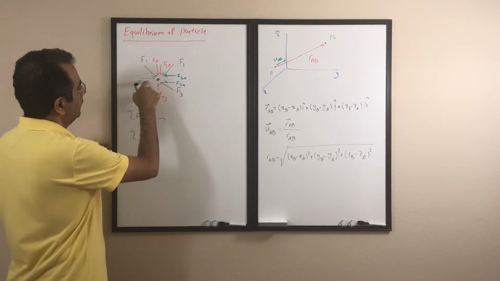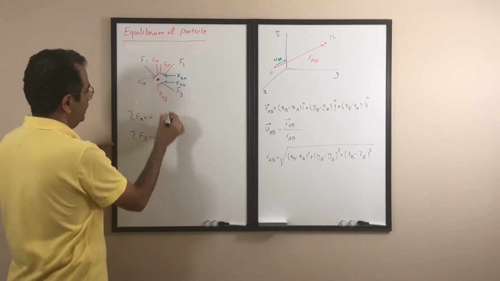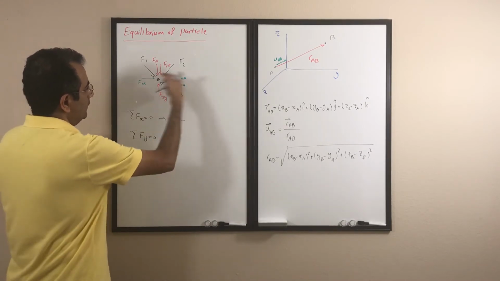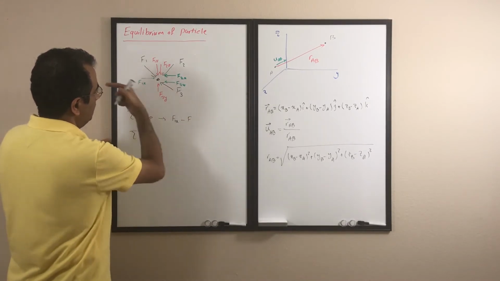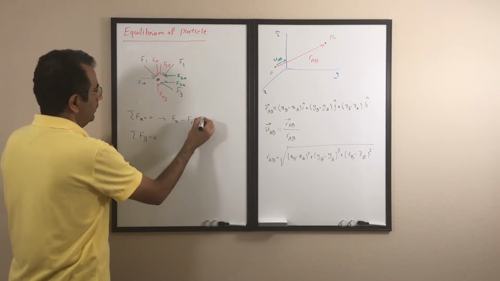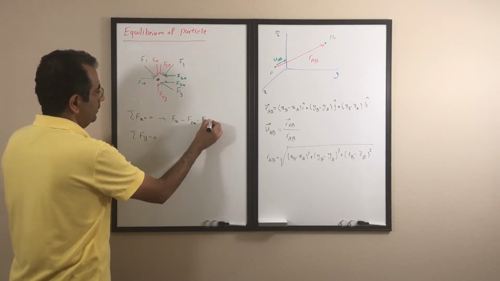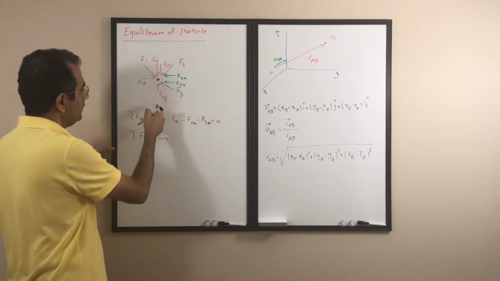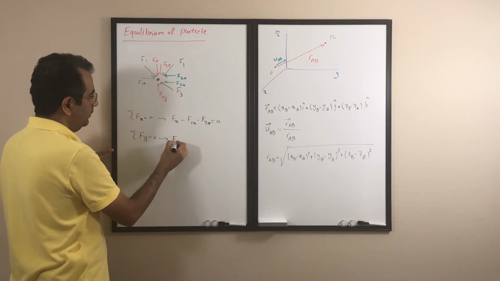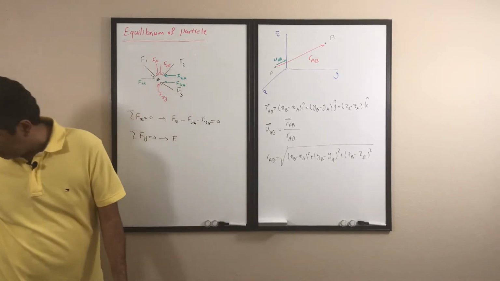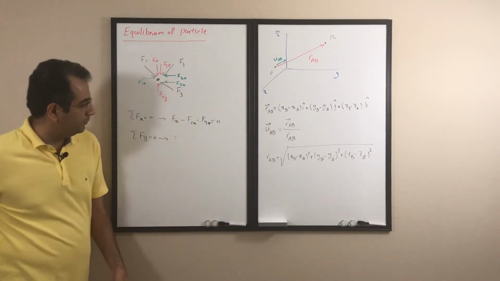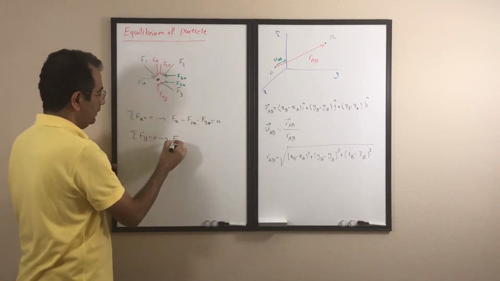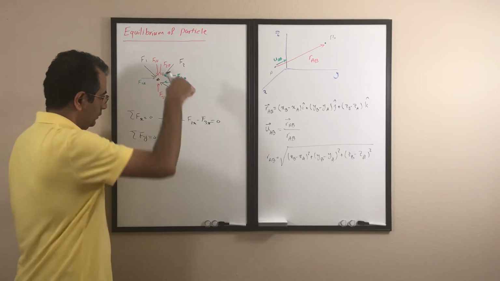For example, here if I write sigma fx is 0, f1x is positive because it's in the positive direction of x, minus f2x because it's in the negative direction of x, minus f3x because this one's also in the negative, is 0. The same for the fy. I have f1y, which is negative because it's pointing downward.